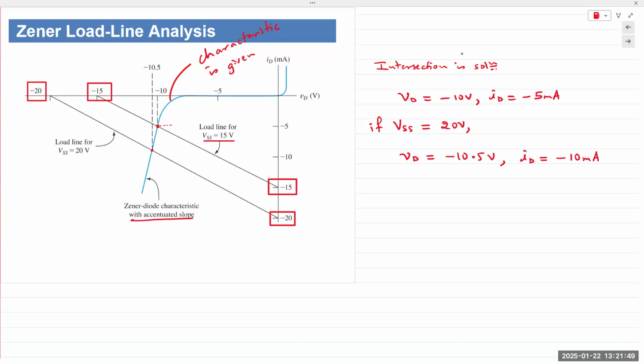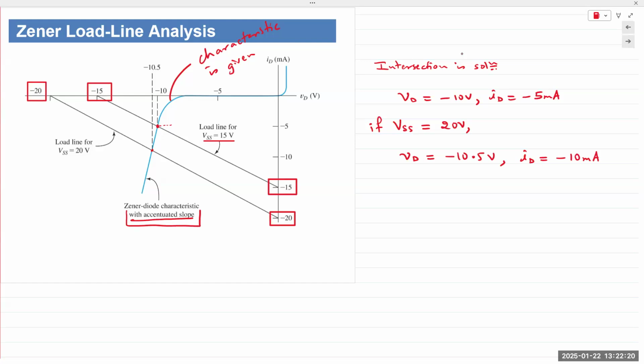Notice the change in the voltage and the current. The current increases by a large amount, the voltage by a very small amount. And even though you can see a change of 0.5 volts here, the reason is because the slope is exaggerated. Okay, real life Zener diodes, the slope is very steep. It's a near vertical line.